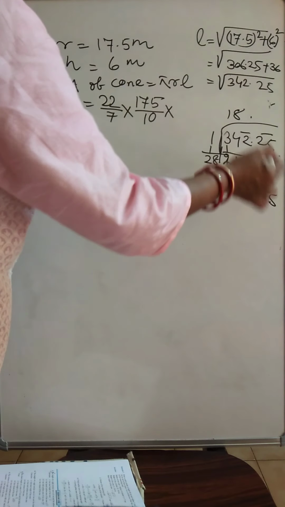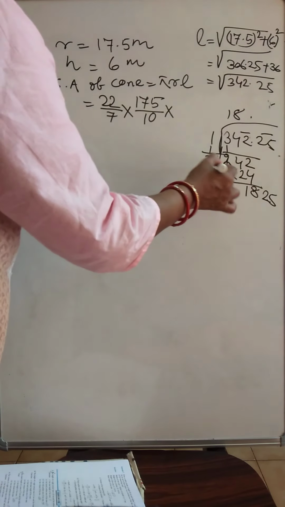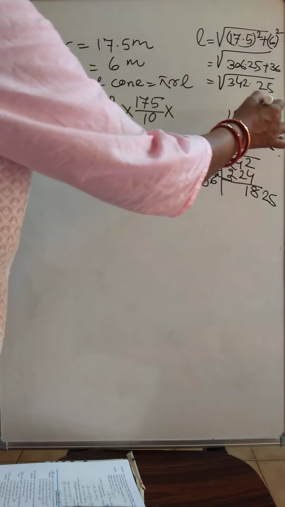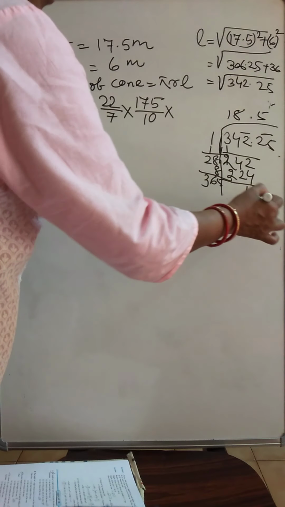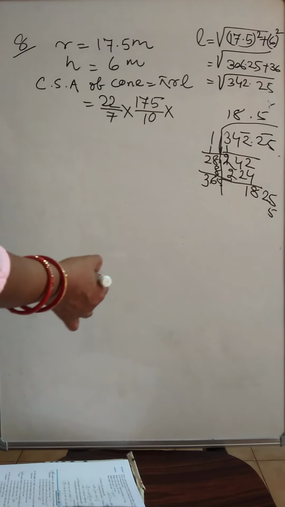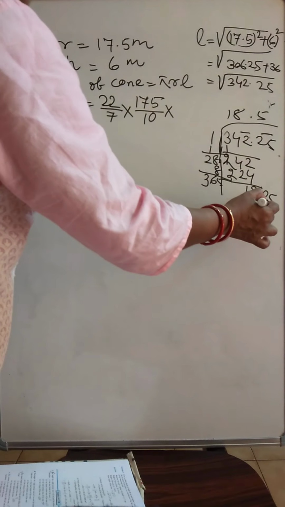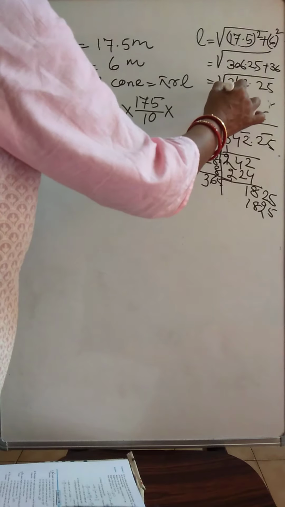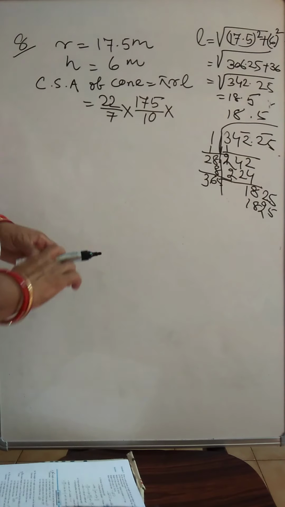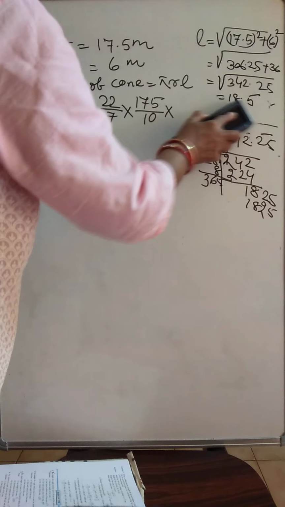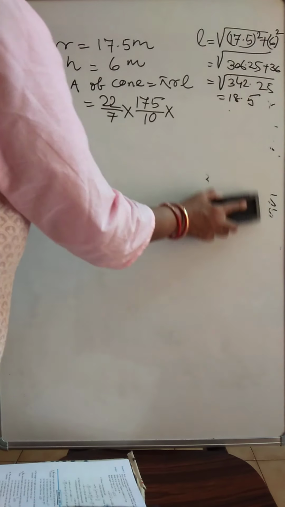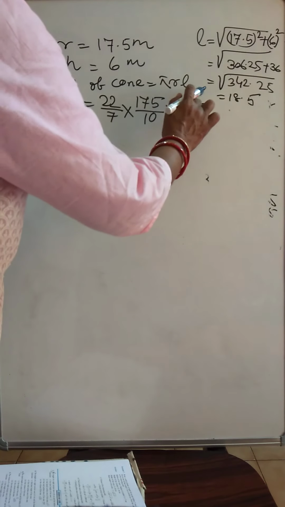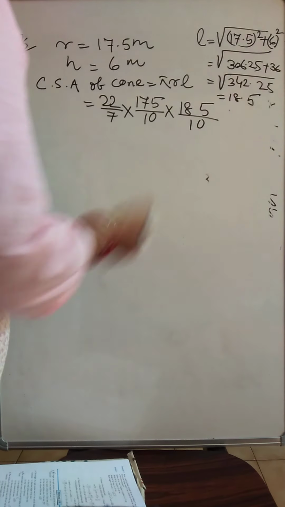Put point, because the point is there. 8, 36. Now let me see that I am putting 5. 5 5s are 25, 2, 5 6s are 30 plus 2, 32. This is 18.5. Remove the point.